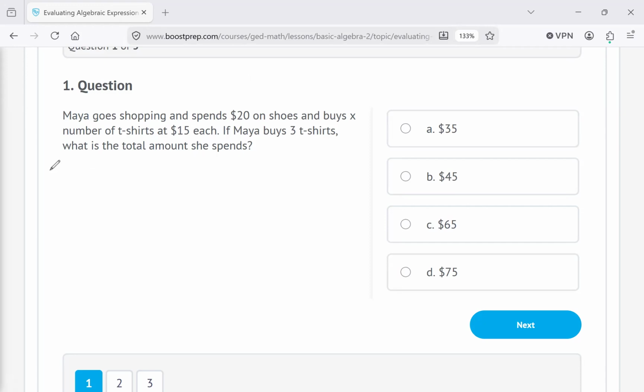So one, the important note: before setting up an equation, label your variables. We are doing algebraic expressions, and that's basically equations.